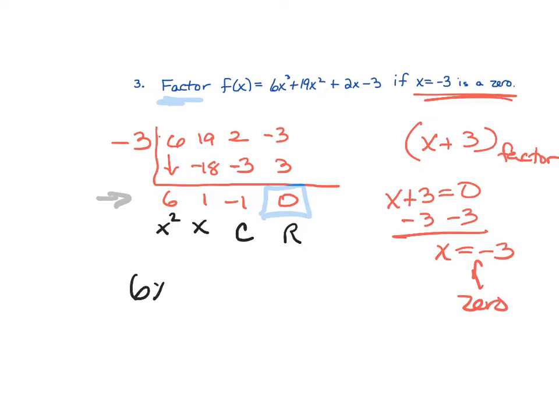So now I have 6x squared plus x minus 1. Now, my goal here, by trying to eliminate some of these other factors, is to try to get my equation into a quadratic equation that I can either factor, solve by completing the square, or using quadratic formula.